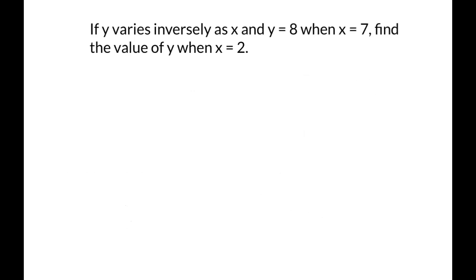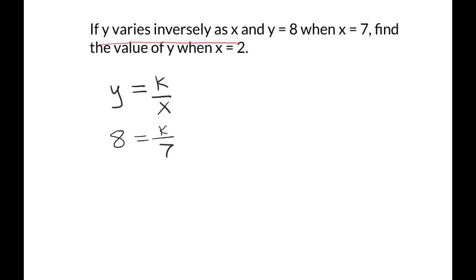In this case, y varies inversely as x, and y equals 8 when x equals 7. Find the value of y when x equals 2. The first thing we need to do is translate it: y varies inversely as x. We fill in our two numbers: 8 for y and 7 for x.